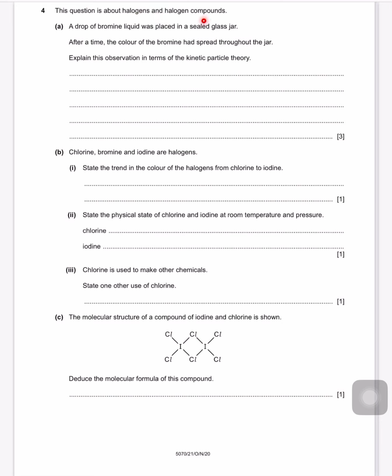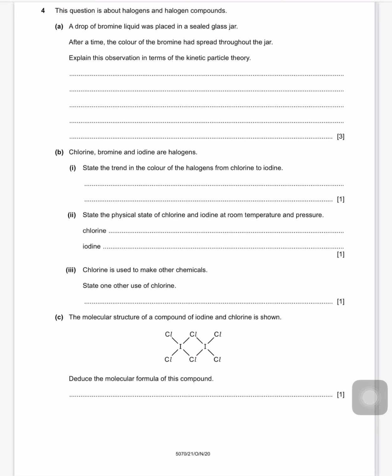Halogens are the elements of group 7 in the periodic table: fluorine, chlorine, bromine, iodine, and astatine. A drop of bromine liquid was placed in a sealed glass jar. After a time, the color of bromine had spread throughout the jar. Explain this observation in terms of kinetic particle theory. It is 3 marks, with 5 lines for this, so it means that we have to explain each thing in detail.